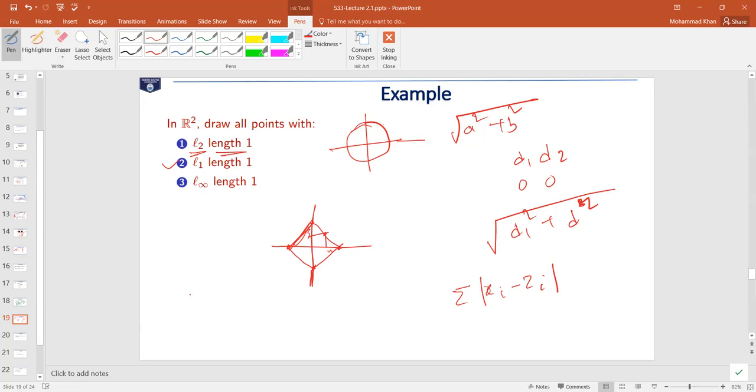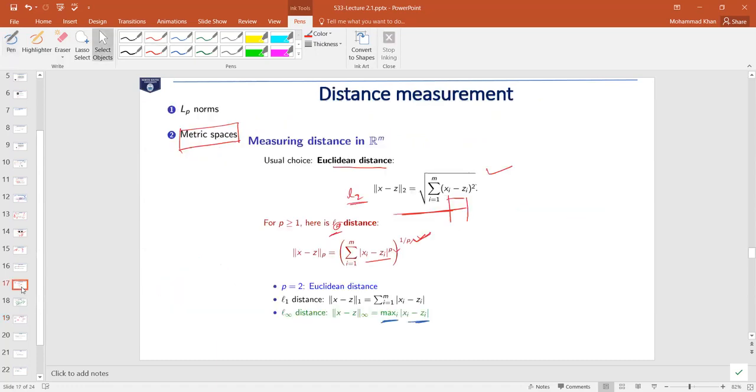Now L infinity equals 1. That means only the maximum is counted. If we check, you can see that for L infinity only the max is counted.